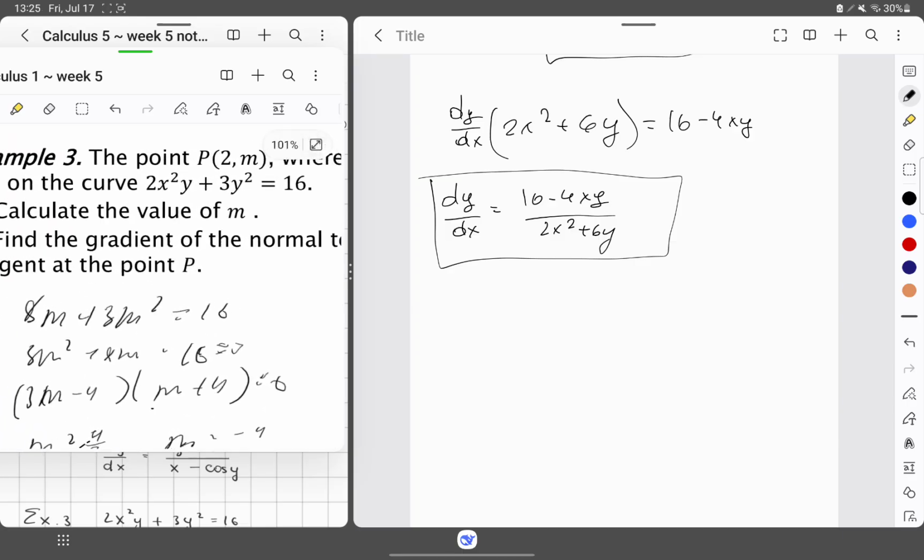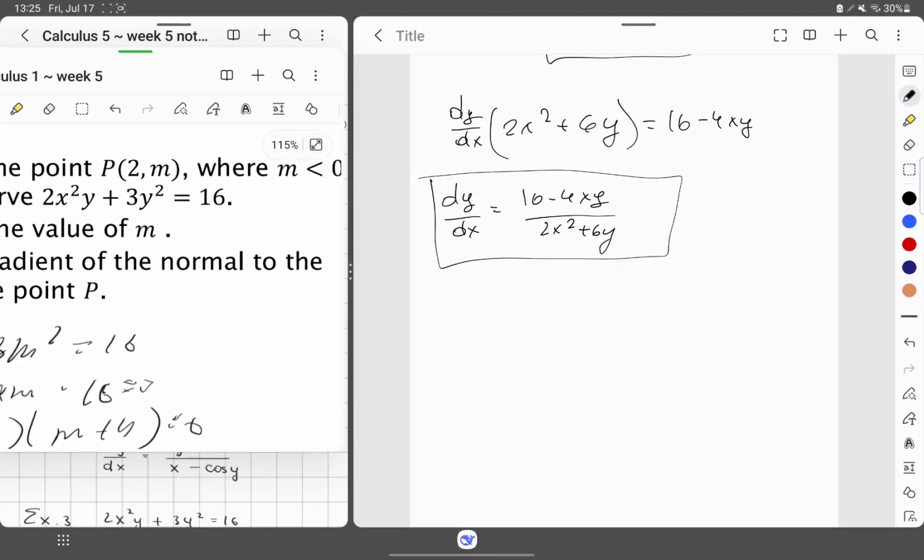Oh my gosh, I was missing something. So I need to find them, and that's true. So we need to plug them.